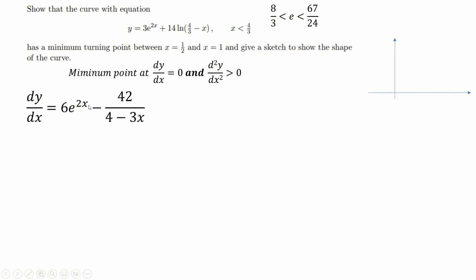That seems like quite a hard equation to solve, because of the mix of exponentials and regular functions. So, is there another way that I can assess this? And also, doing the second derivative seems quite annoying as well.